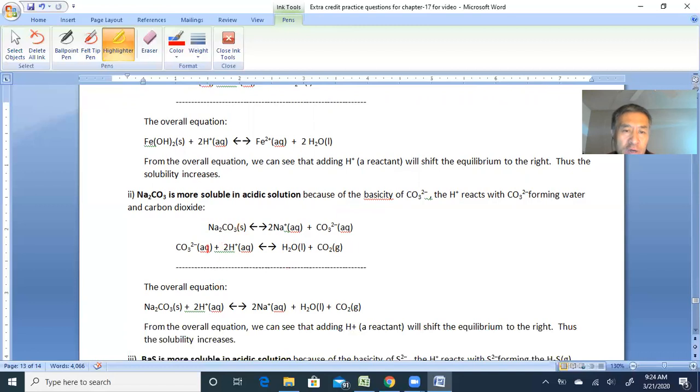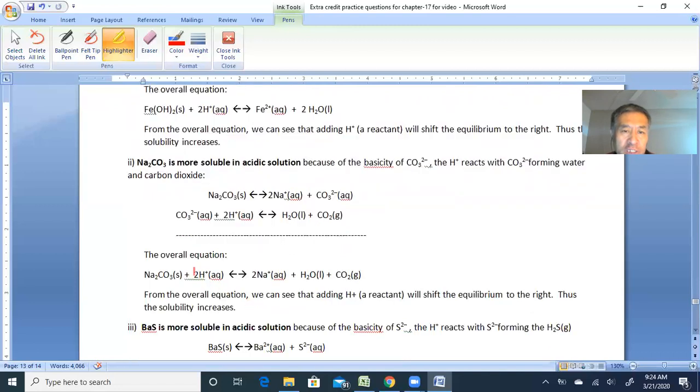Adding equation 1 with equation 2, we get an overall equation. From the overall equation, we can see the H+ is a reactant in aqueous state. So by adding the reactant, we shift this equilibrium from left to right, which means consuming the solid Na2CO3.